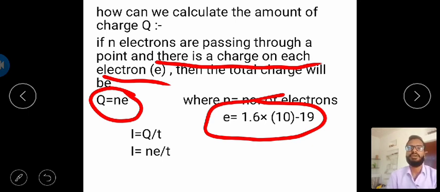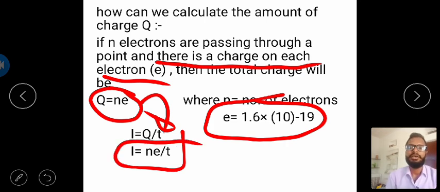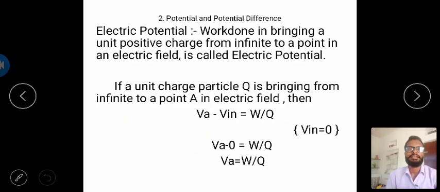It means I is equal to Q upon T. So the value of Q is put in this formula, then we will get I is equal to ne upon T. Alright. Next. Now we will discuss our second topic, which is potential and potential difference.